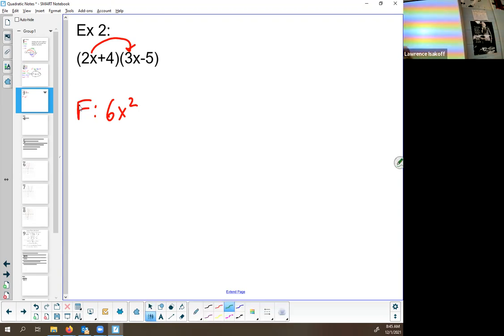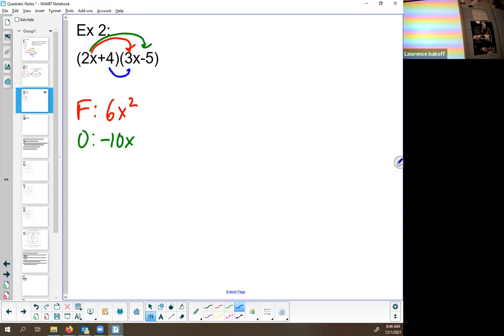Now I'm going to do my outer. What does that give me? 2x times -5 would be -10x. I forgot to show how we can check on decimals.